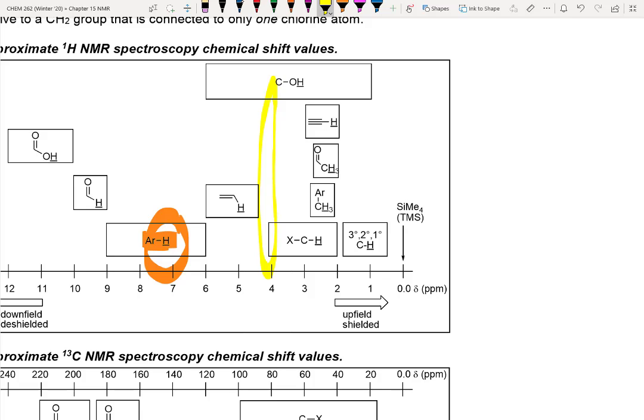Well, it could be a lot of different things. It could be a proton coming directly off of an alkene, or it could be a proton attached to a carbon that in turn is attached to an electronegative atom. It's kind of unclear at this point. We're in between both of these. I wouldn't necessarily lean one way or the other here, but it could be one or the other.